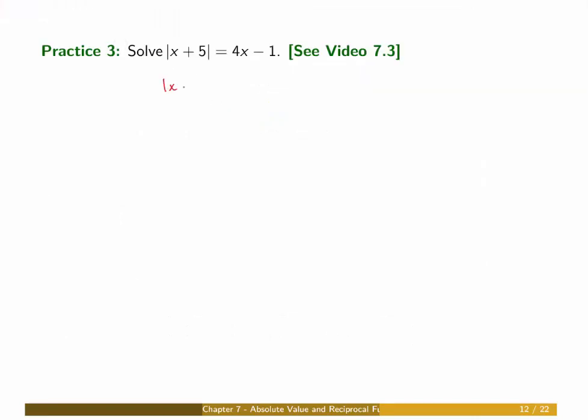So when we go through the practice problems, the first thing you do is write out the definition, and walk yourself through what the values would be. Okay. In this case, when you solve x plus 5 equals 0, x is going to be equal to negative 5.